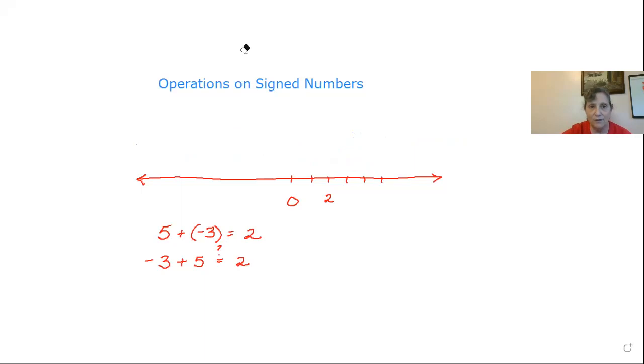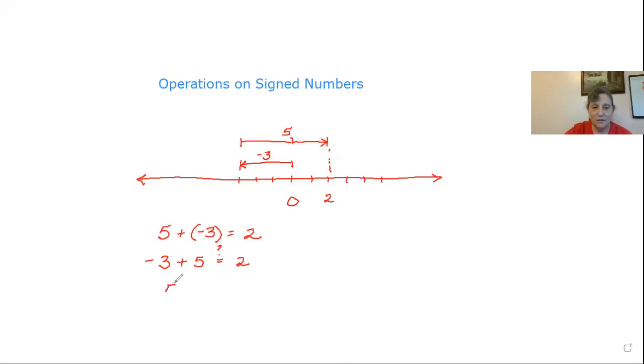If we start out with the -3, 1, 2, 3 units to the left, and then we go 5 units in the positive direction, so 5 units to the right, the first 3 units of the 5 is taken up in getting us back to 0. And then we still have 2 more units to go to the right. So a total of +5 units does indeed place us directly above the +2.